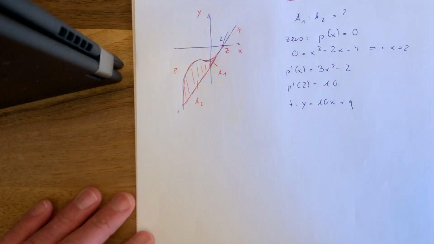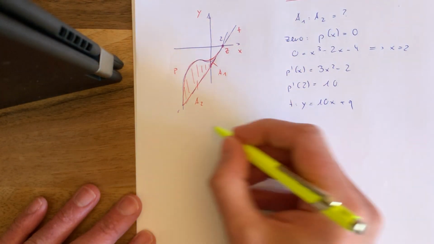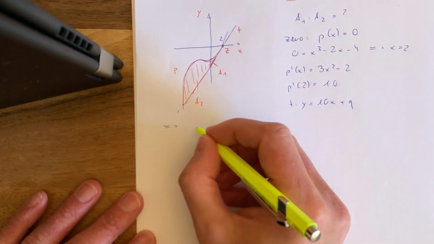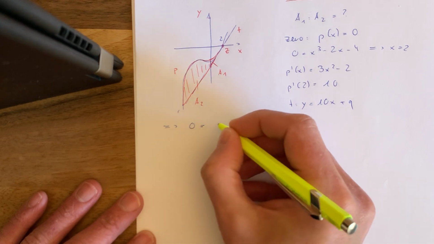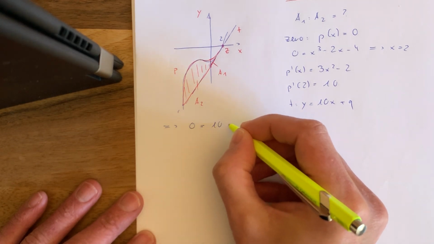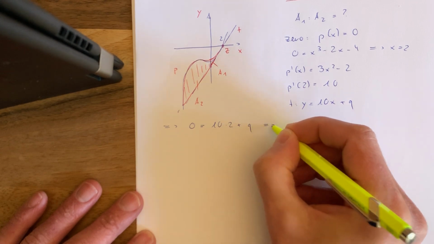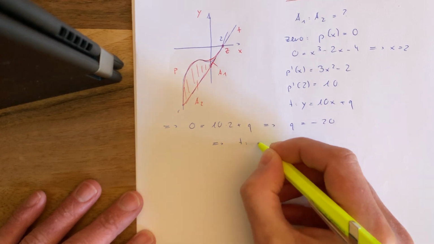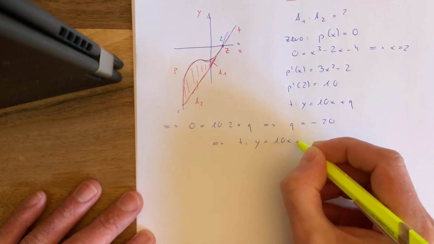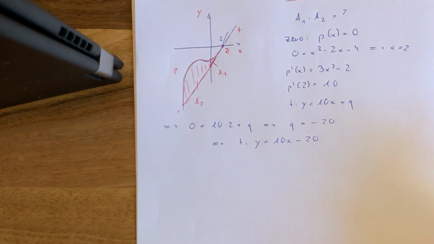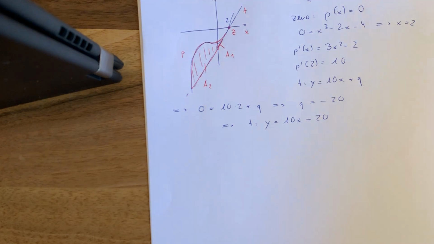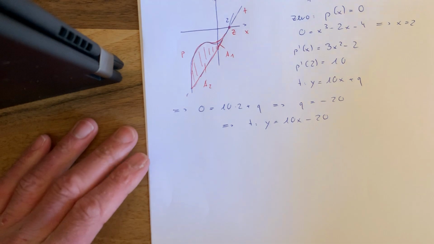So since the point (2, 0) lies on that tangent, we can plug that point into the tangent equation to find q, which leads to 0 equals 10 times 2 plus q, which means that q is minus 20. So our equation of the tangent is y equals 10 times x minus 20. Okay, so this here is just differential calculus. Now we are going to consider our areas.